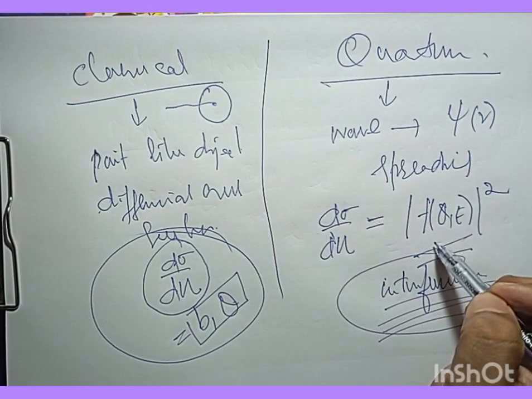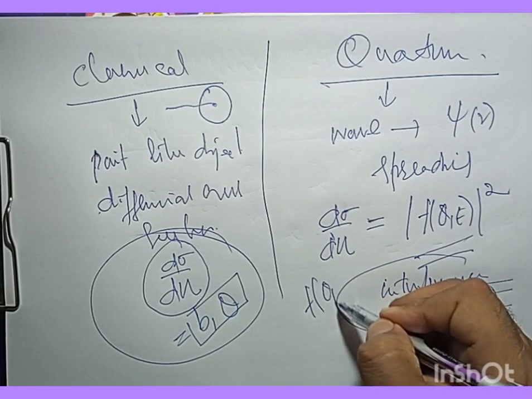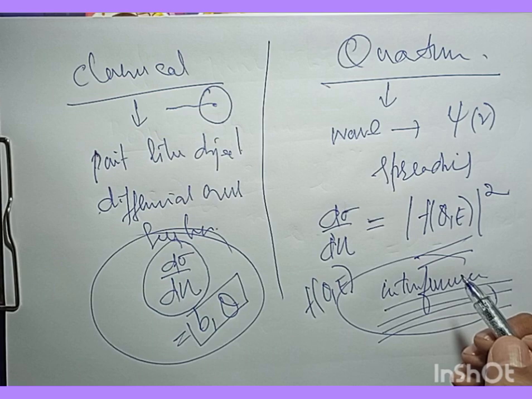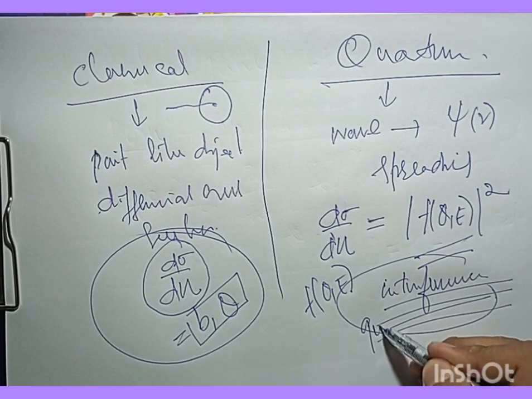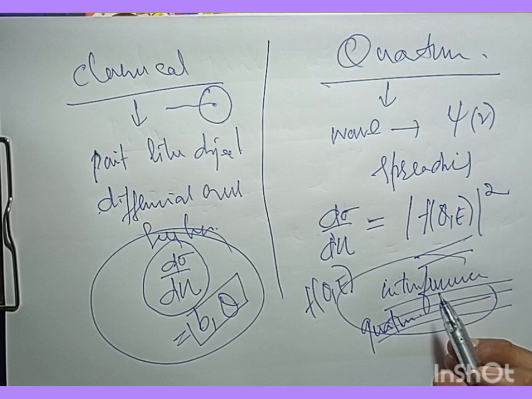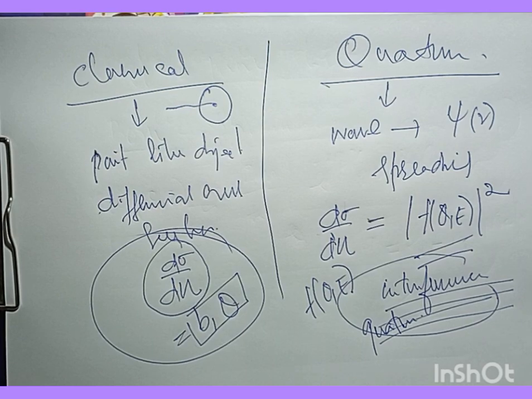But in quantum mechanics, the scattering amplitude f of theta and E has a more complex angular dependence, including quantum interference effects and the contributions of the partial waves.